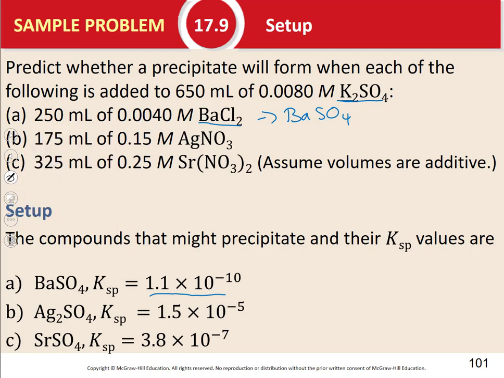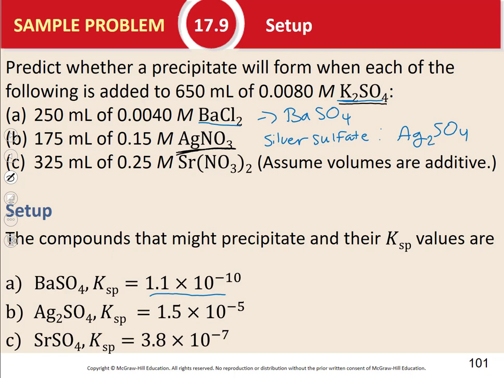So in part B, what would be the product that is going to precipitate out when we react potassium sulfate with now silver nitrate? Silver sulfate. What is the formula for silver sulfate? What's the ratio of silver to sulfate? Is it 1 to 1? No, it's 2 to 1.